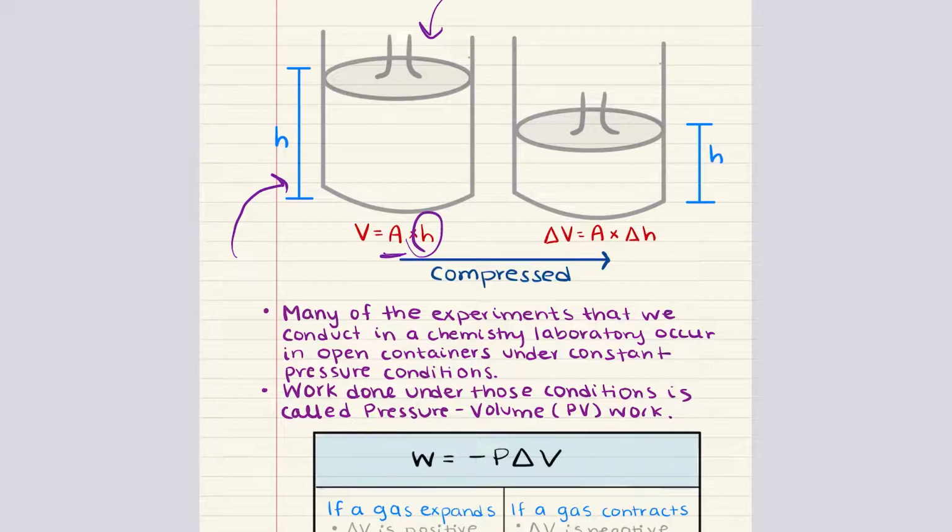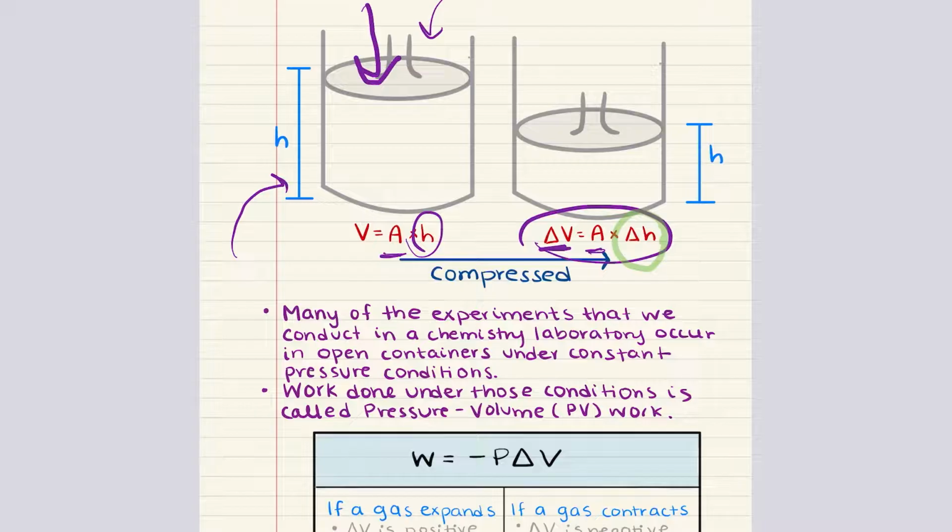Now, if we were to exert a force on the outside of the piston, causing the gas inside the cylinder to be compressed, the change in the gas's volume can now be expressed with this equation right here. Change in volume is equal to the area of the piston multiplied by the change in the height of the cylinder.